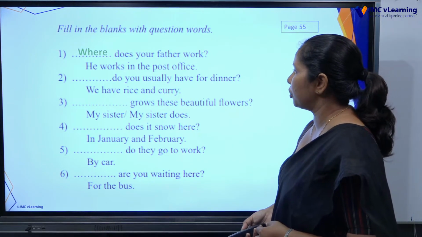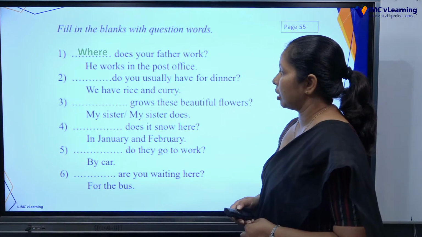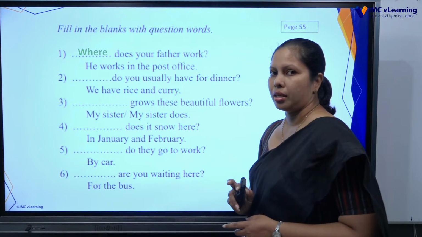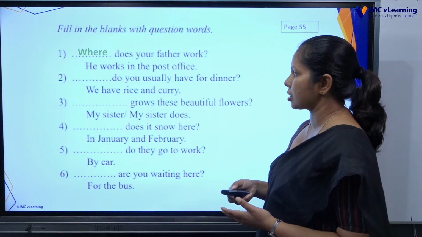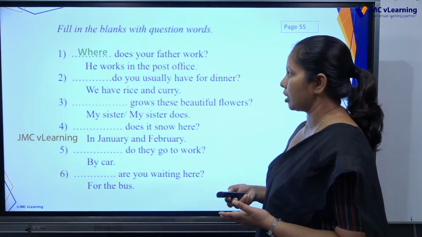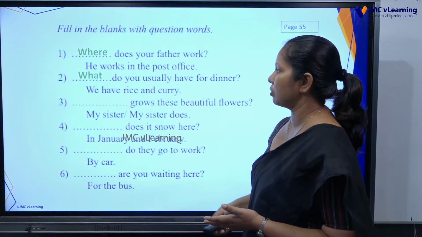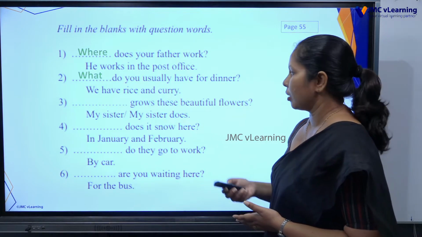The second one, what do you usually have for dinner? The answer is we have rice and curry. So from the question they are asking, what are you having for dinner? So that's why they have given the answer as we have rice and curry. So the question word should be, what do you usually have for dinner?